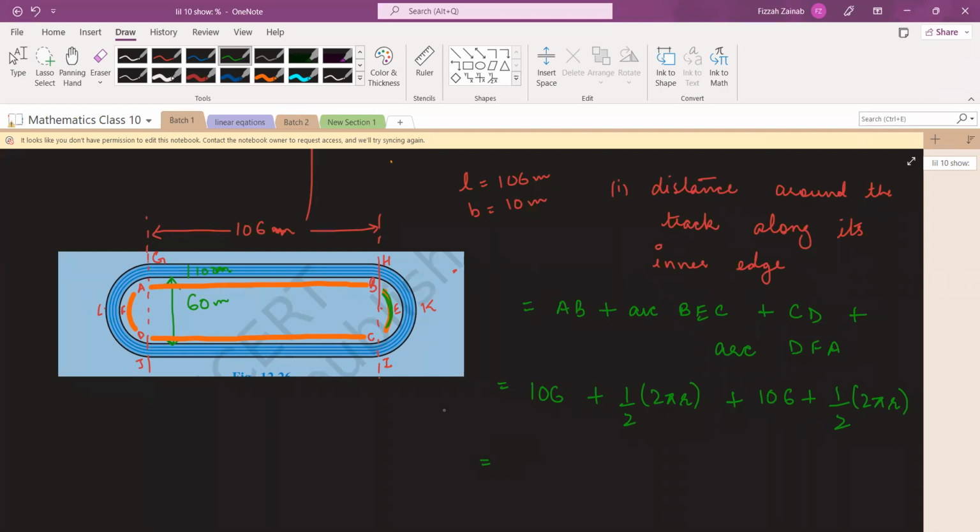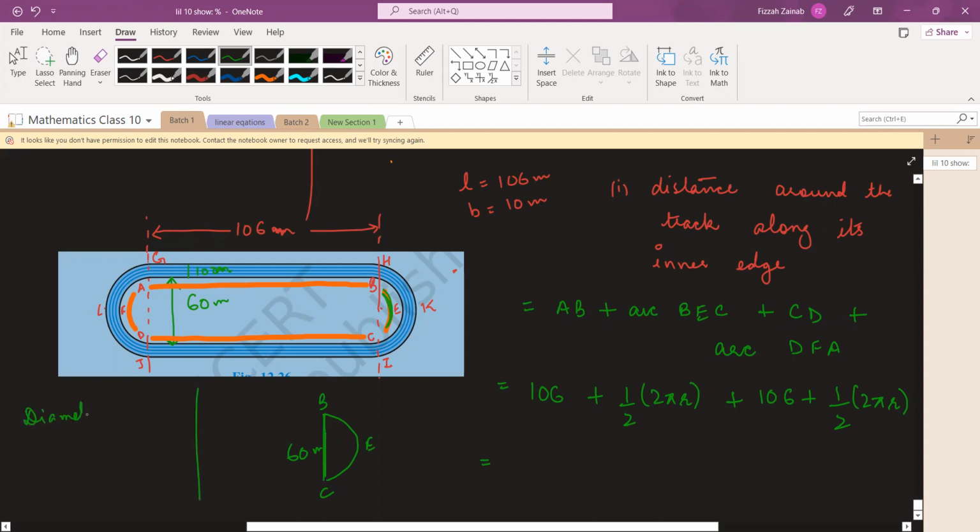Can everybody see, for example, this is the circle BEC, is that clear? Now this length is 60 meter. That is given. That means the diameter of the circle is 60. So diameter is equal to 60 meter. So that means the radius will be 30 meter. I hope it's understood.